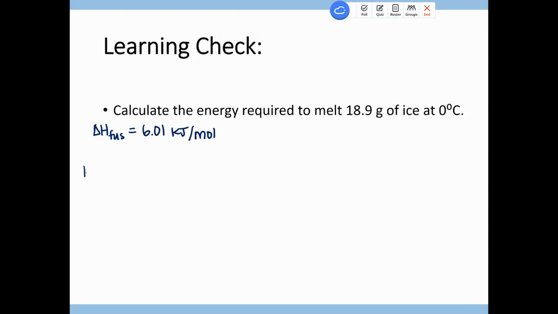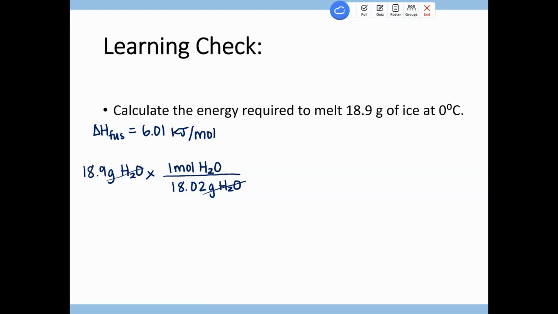So if we start with 18.9 grams of water times the molar mass, which is 18.02 grams per mole, with this equation we're canceling out grams of H2O.